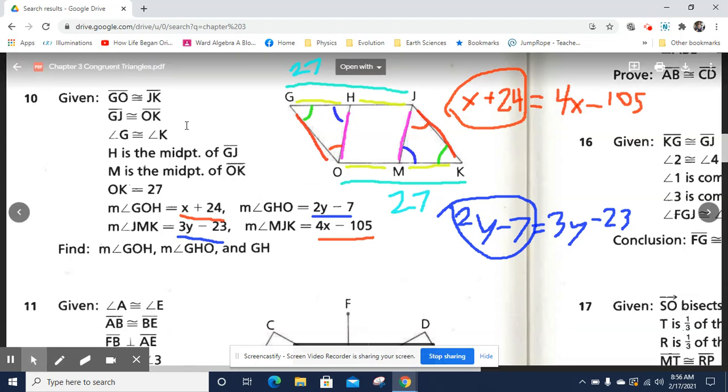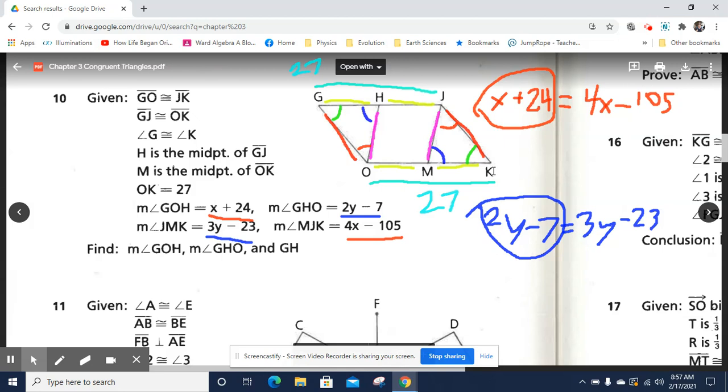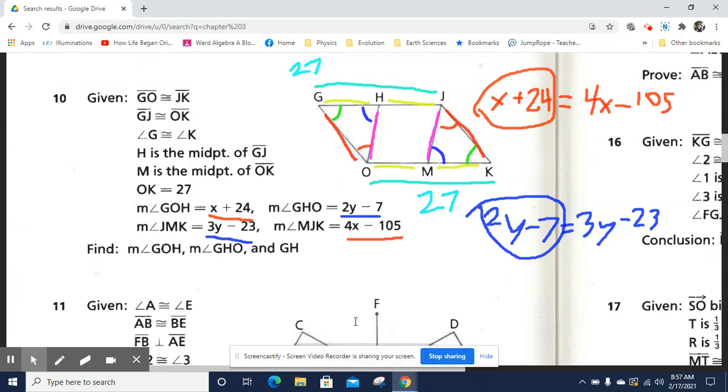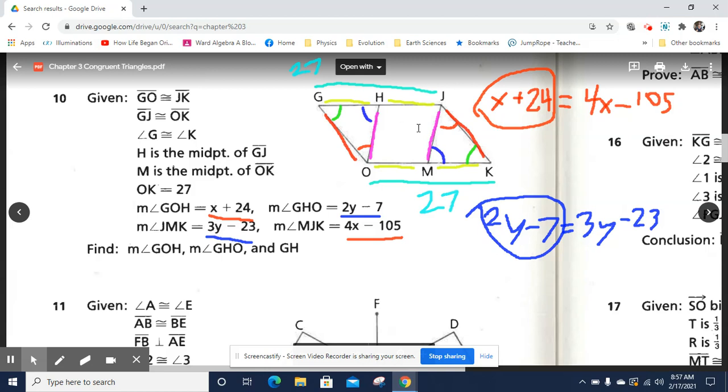Just to recap, go through all this information, and it'll get you there eventually. The midpoints are key here. The midpoints will let you know that GH and MK are congruent. And then you've been given GO and JK, and you've been given angle G and angle K. From there, you'll end up with side angle side for both of these triangles on the ends.